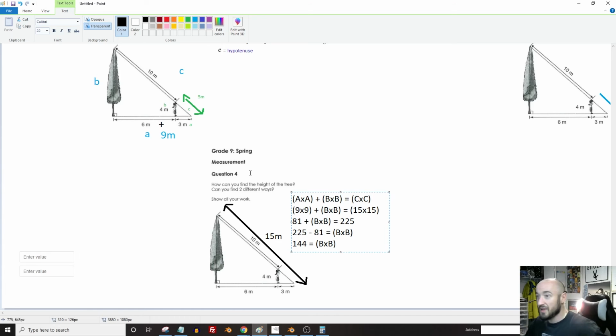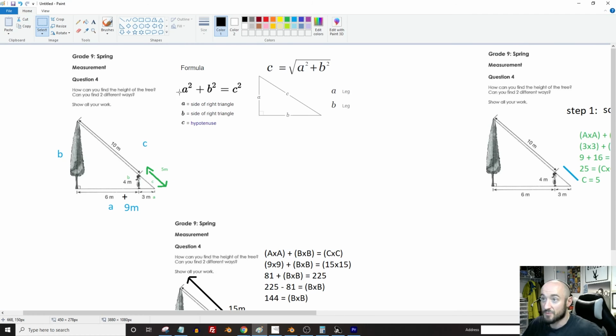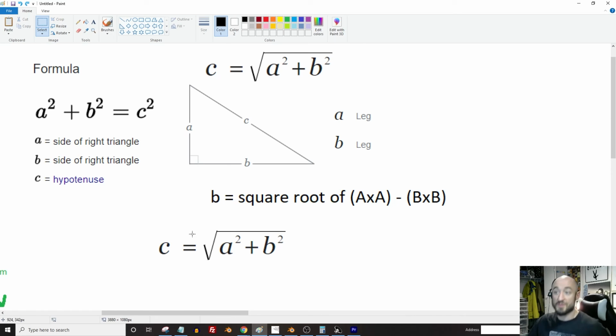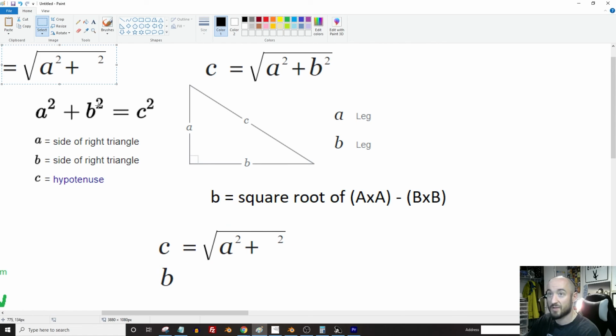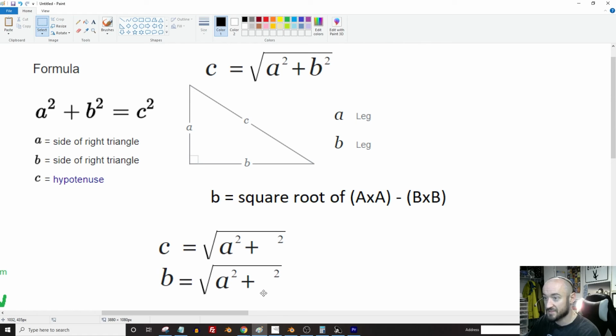Now, we can go back to our formula here. a squared plus b squared equals c squared can also be said as the square root of a squared plus b squared is equal to c. So we can just flip this. We'll take our b and bring it over there. We take the rest of this and bring it down here, except we're flipping it, right?